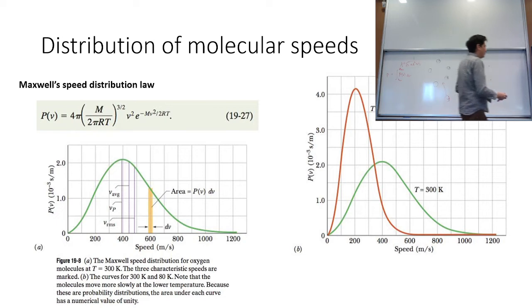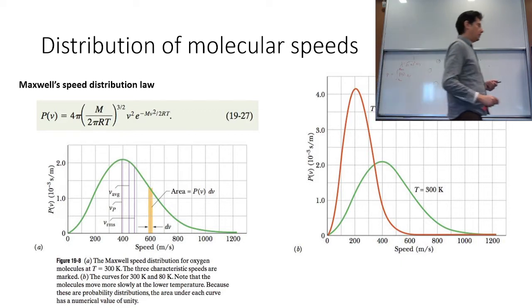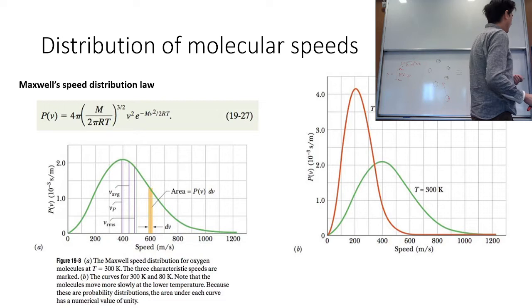So usually what you have to do is pick a certain range. So you say, what's the probability it's going to be between, say, 300 and 400? And then this can give you the probability, because then you integrate. So strictly speaking, it's the probability for a particular velocity range, right?